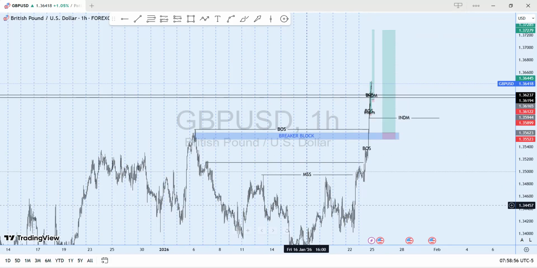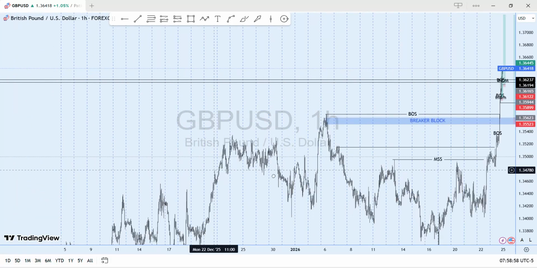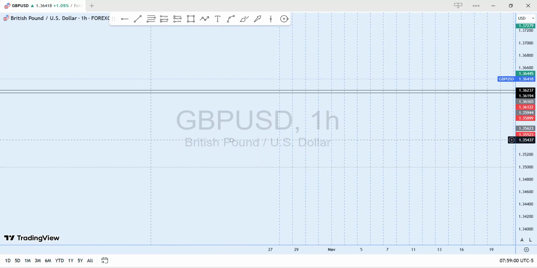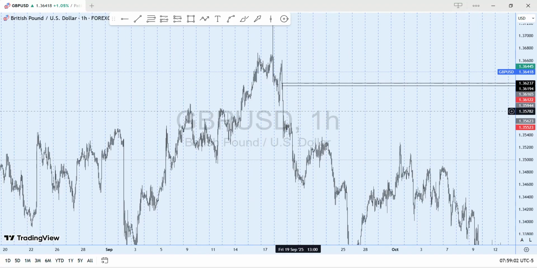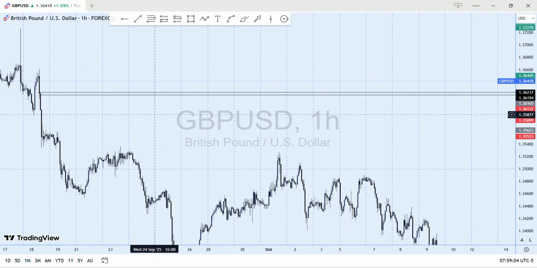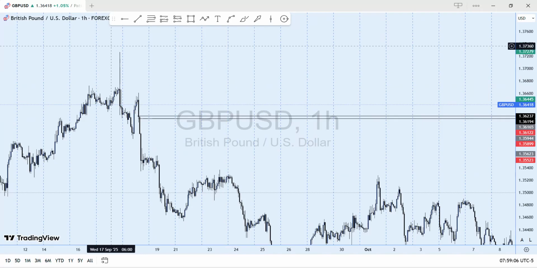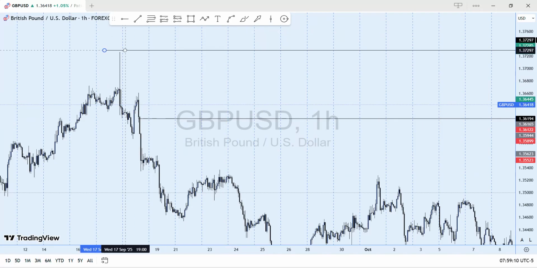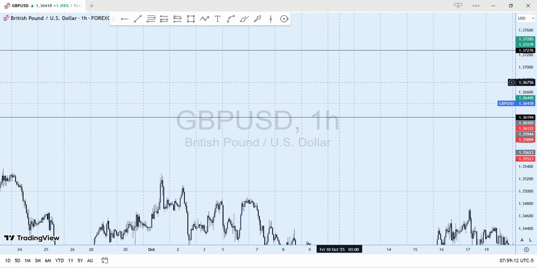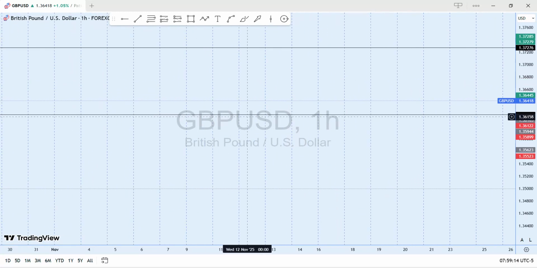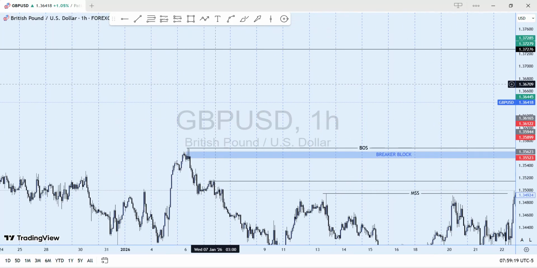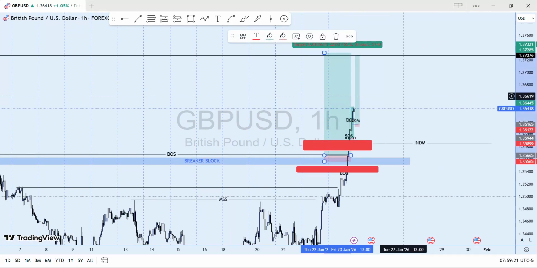And at the same time, you see the structures, they are all being cleared, and the market is also targeting these places to the upside. So my main target is here, to clear that high. Let me delete this. To clear that high.